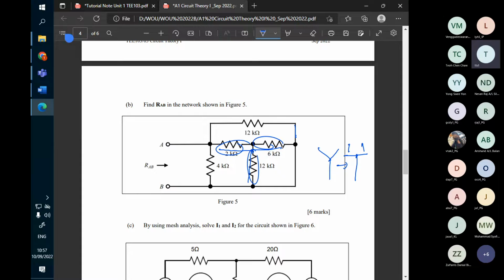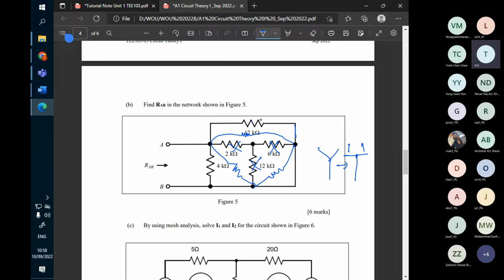So you can convert this one to delta. When you convert to delta, it will look like this. Okay. After you convert it, here's a new one. Here's a new one. And this is a new one. And then you can forget about this tree inside here.